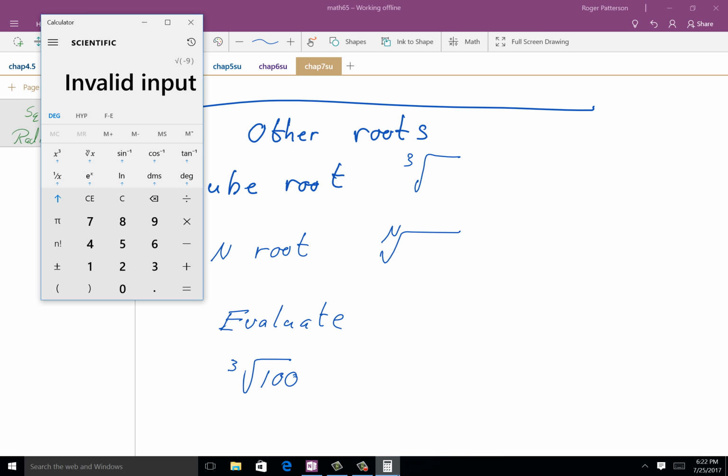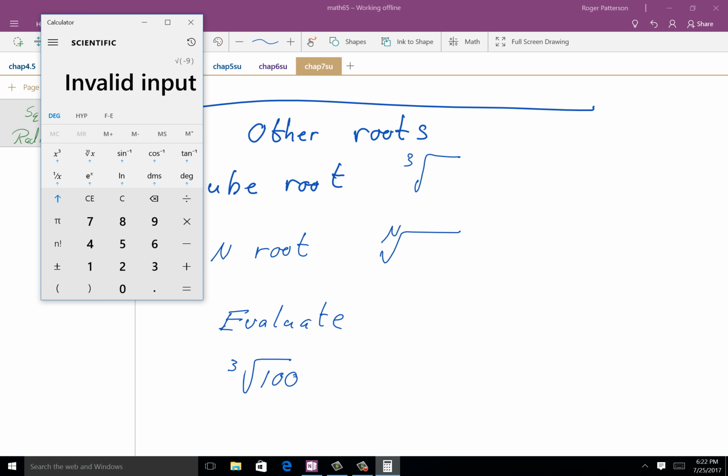So on my little calculator thing, I have little tiny arrows, you might be able to see them, which means that there's more stuff. So if I hit this, I'm going to get more options. So what you would be looking for on your calculator is something that looks like this. Mine shows a radical sign here, a root sign with a y and an x. Okay, so the y is kind of small. So that way you can input what the root power is.